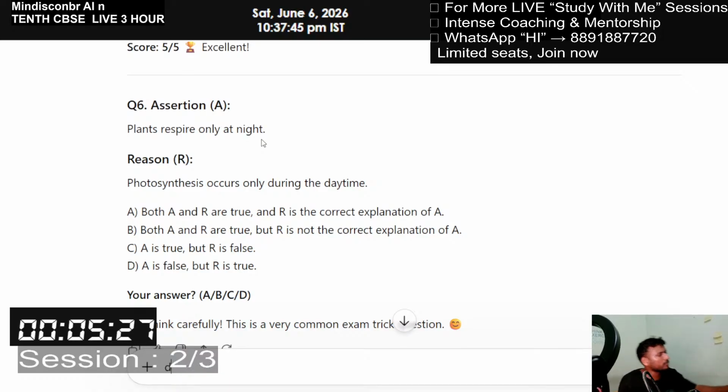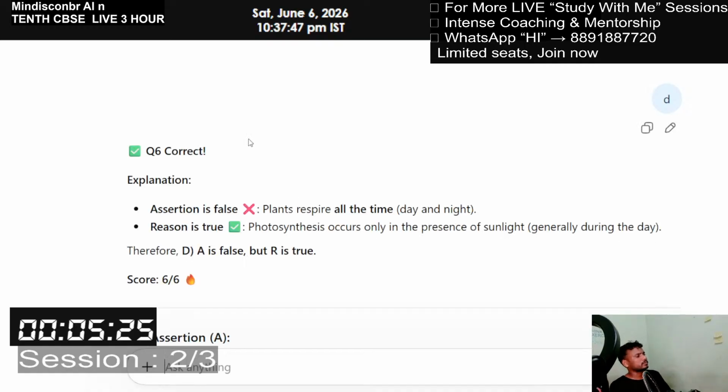Option D. Assertion is false. Plants respire all the time, day and night. Photosynthesis occurs only in the presence of sunlight, generally during the day. Only in the presence of sunlight can plants make food. So photosynthesis occurs only in daytime.